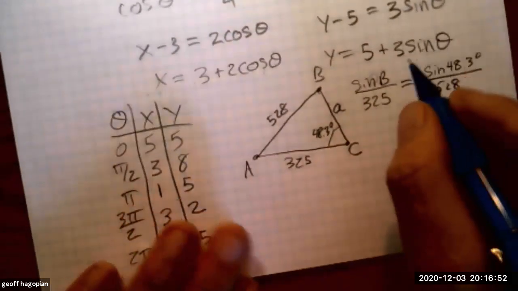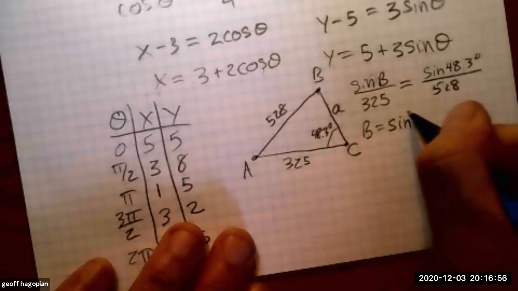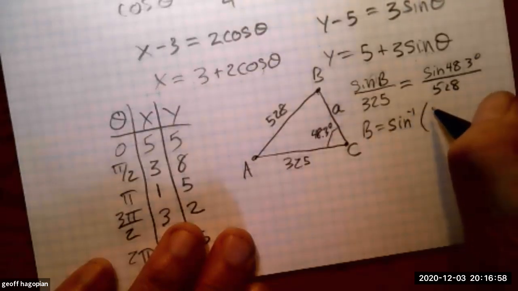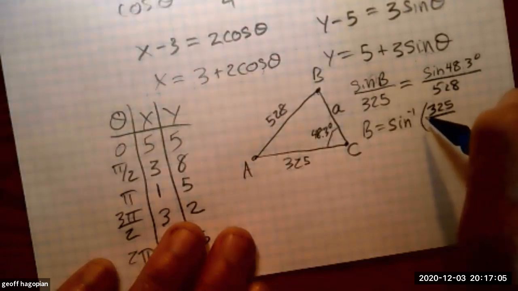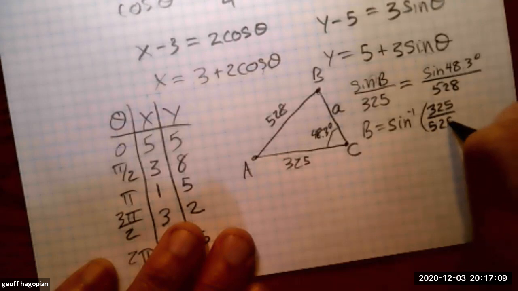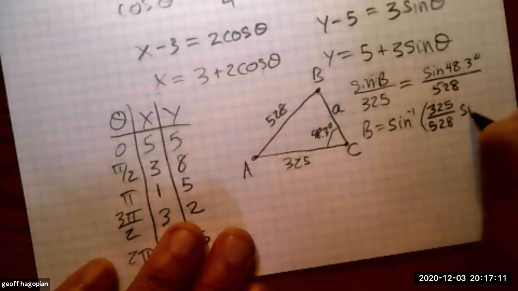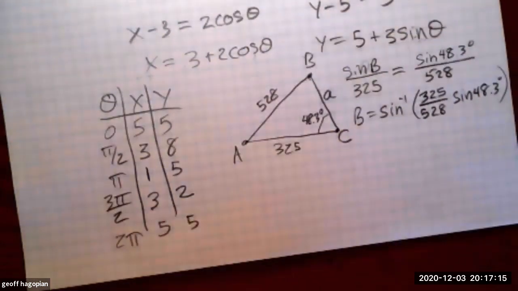That we can solve for B. So B is going to be the angle whose sine is 325 over 528, times sine of 48.3 degrees. So that's a little calculator problem.